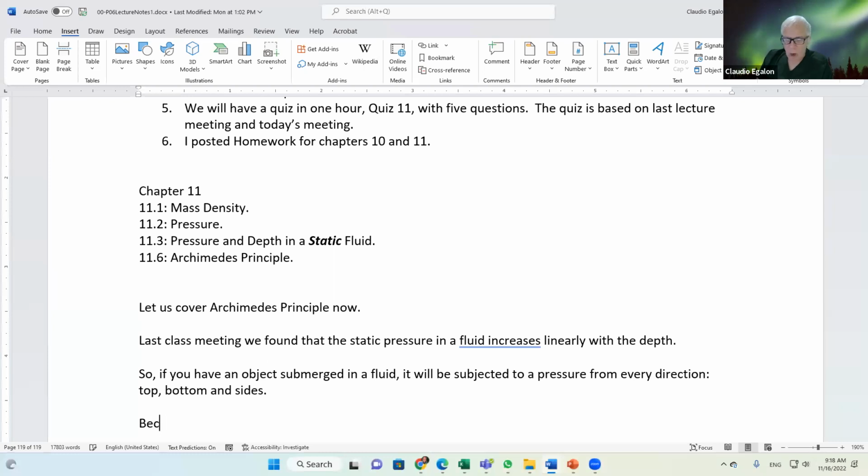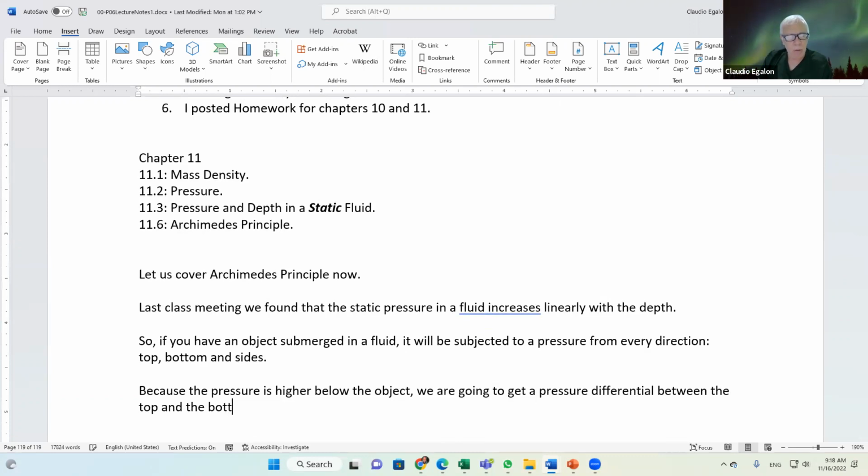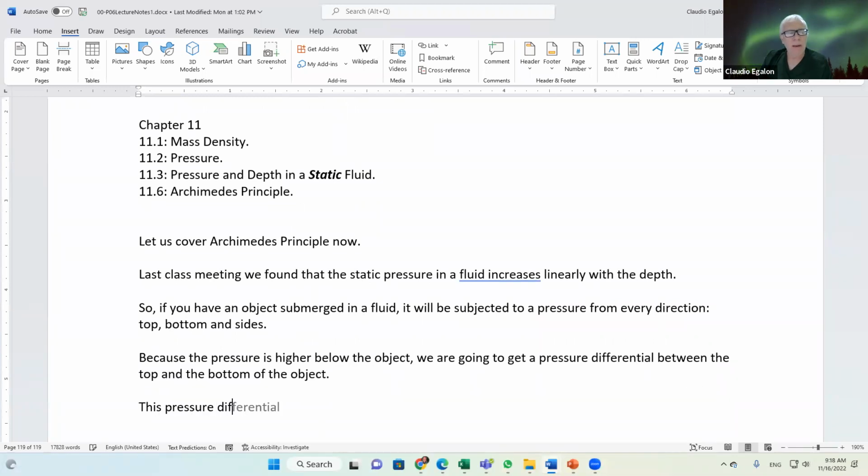Because the pressure is higher below the object, we are going to get a pressure differential between the top and the bottom of the object. This pressure differential results in a net upward force.